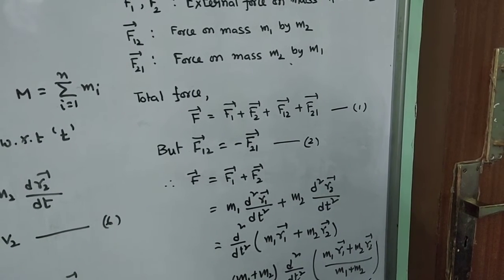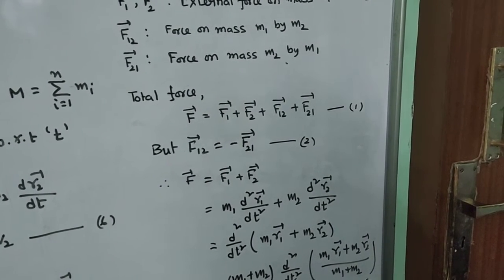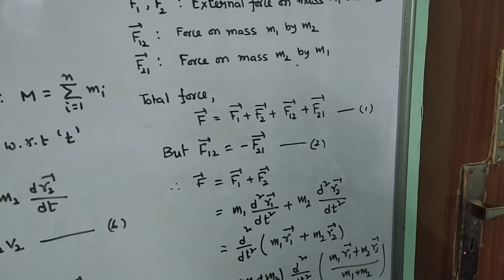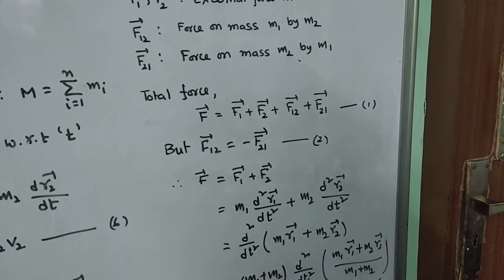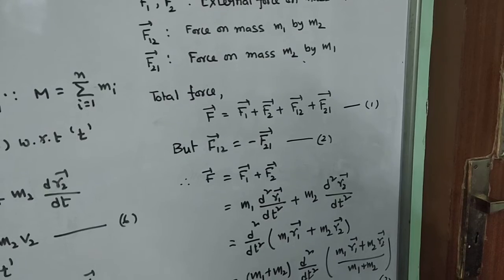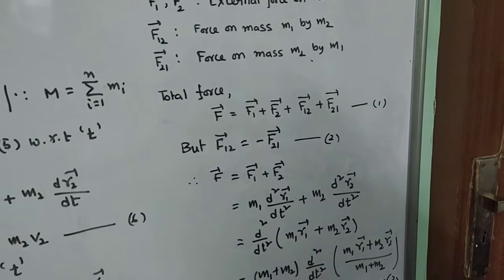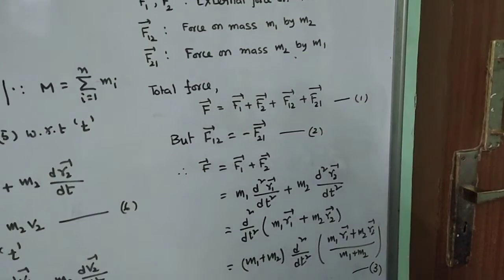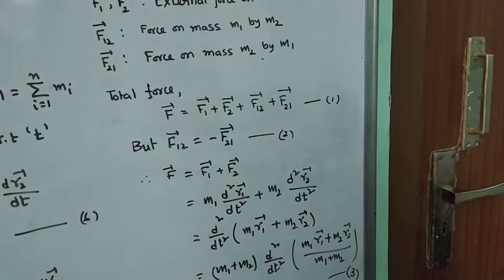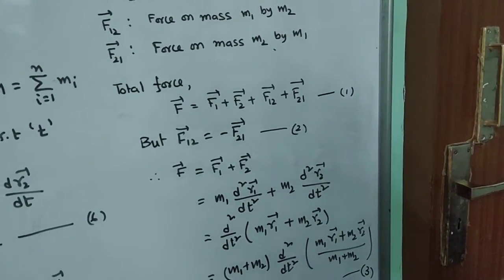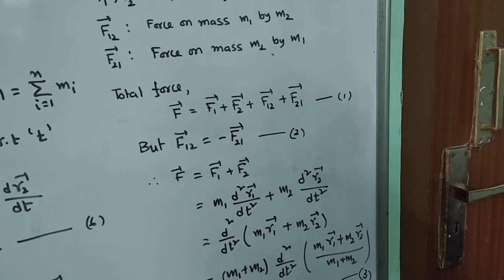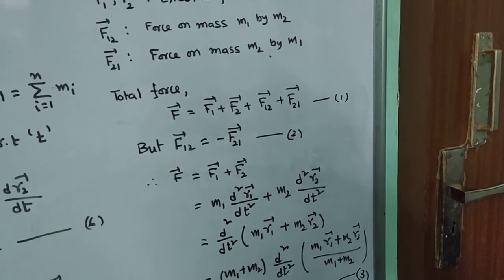So you can express a equal to d square r1 vector by dt square. dr1 by dt gives you the velocity, and dv vector by dt gives you the acceleration. So we have written directly for the acceleration d square r1 vector by dt square for m1, and for m2 d square r2 vector by dt square.